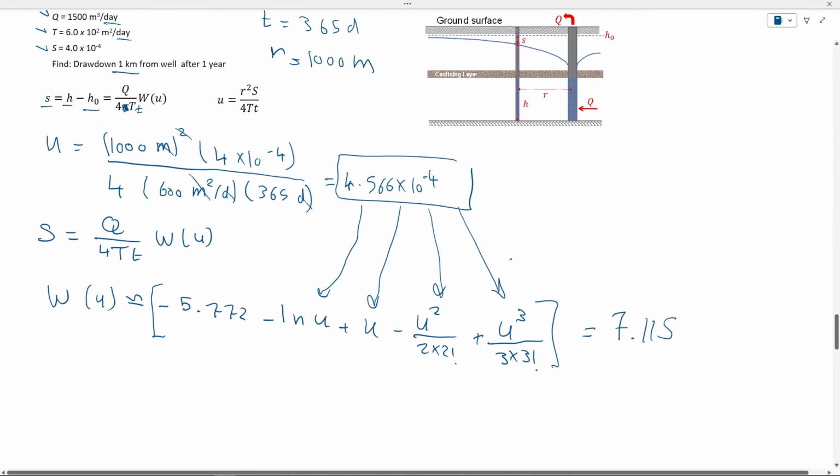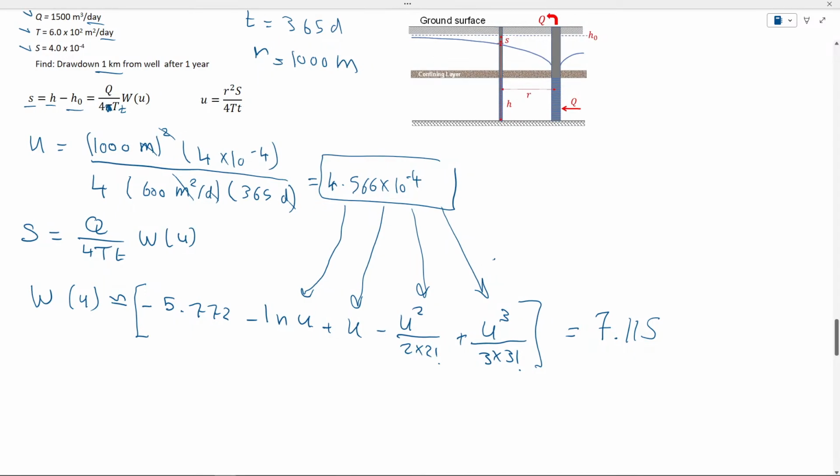Okay, so now I solved the problem actually. Now I can know after 1 year at a distance of 1 kilometer how much drawdown, how much the hydraulic head dropped. So s is equal to, let me write it down again, s is equal to Q over 4 pi T times W(u).